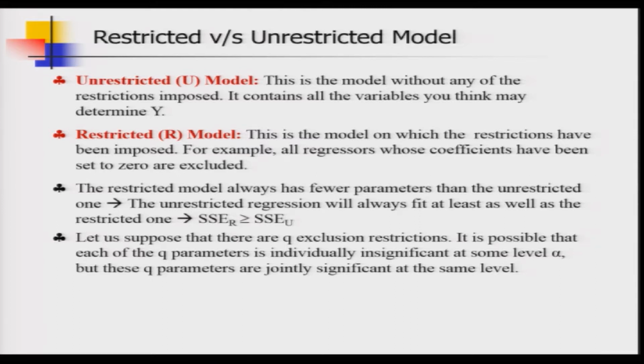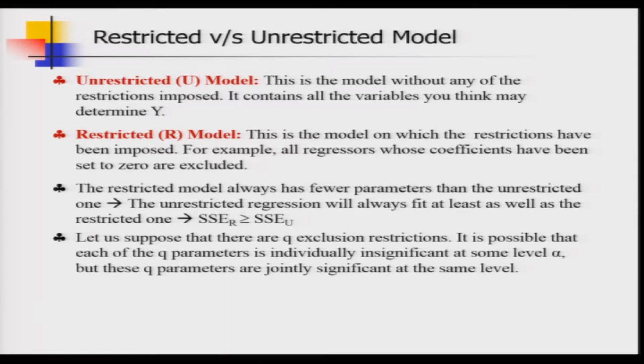That means the unrestricted regression will have a higher R square than the restricted model, because the sum of squared errors from the restricted model is always greater than or equal to that from the unrestricted model. Here I am using the subscripts R and U for the SSE symbol that you already know: R stands for the restricted model and U stands for the unrestricted model.